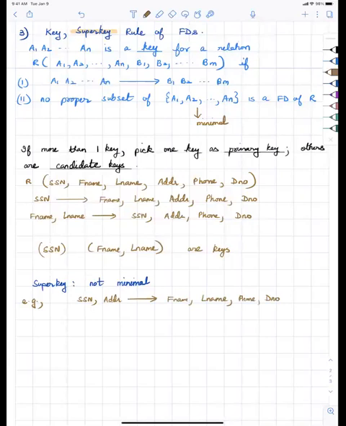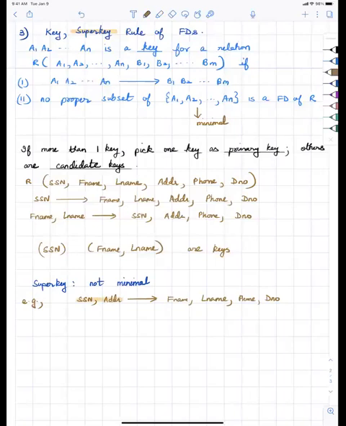And first name, last name, and phone, that's a super key. A super key is just, it's not minimal. There are extra attributes added onto it. That's all that it means.